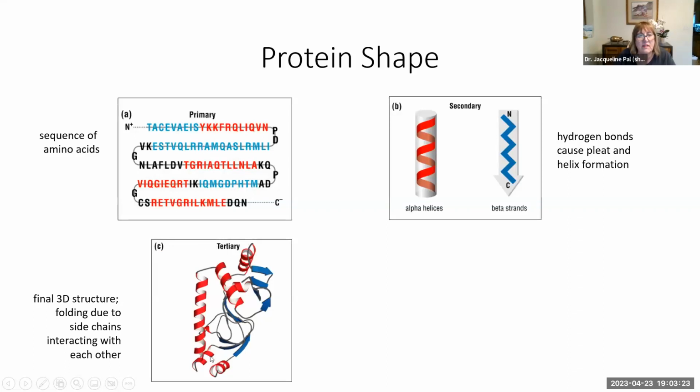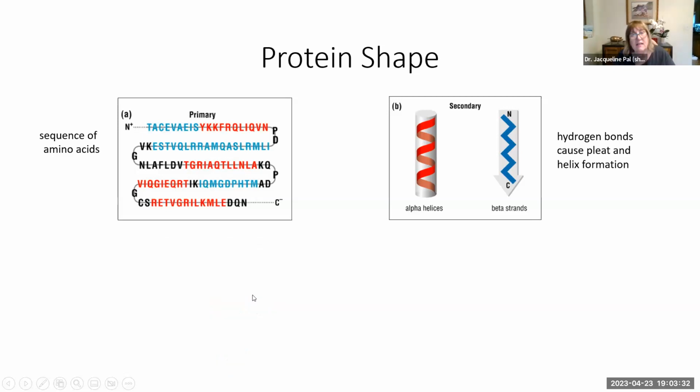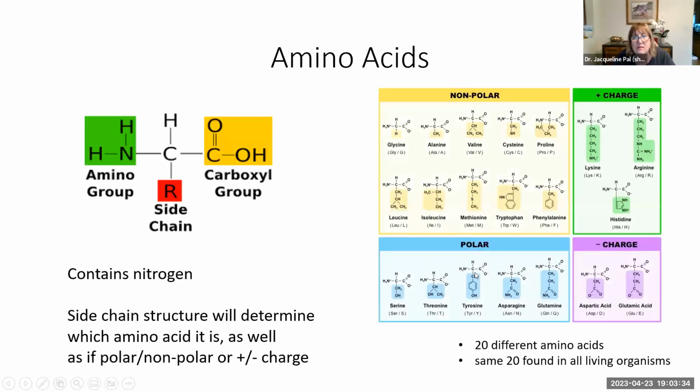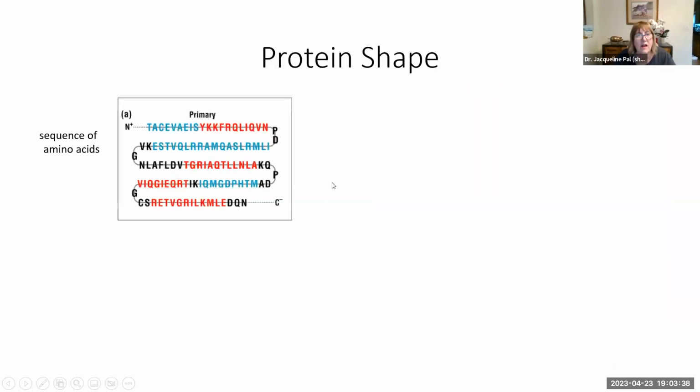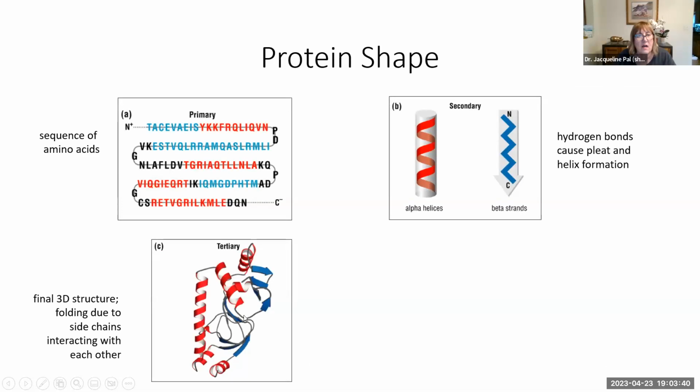So here we have the protein, and you can see in red, we've got some of the helixes, and in blue, we've got some of the pleating. And that's because these side chains here are interacting with each other, and they are forming bonds with each other. And so this gives us the final protein shape of this one long yarn.